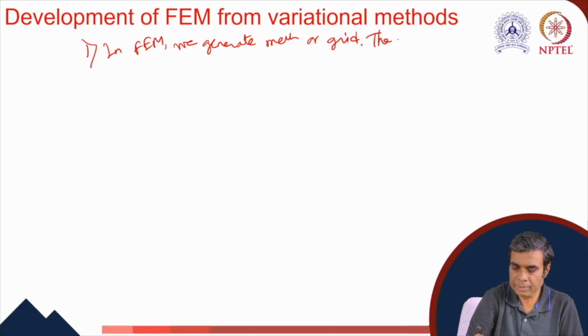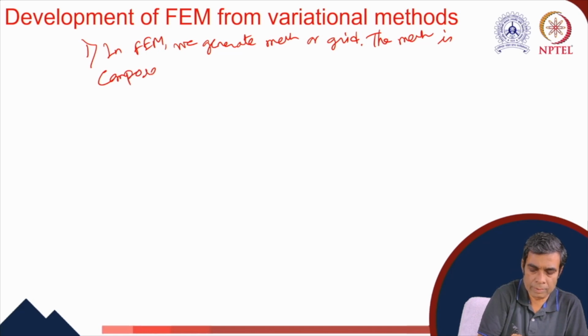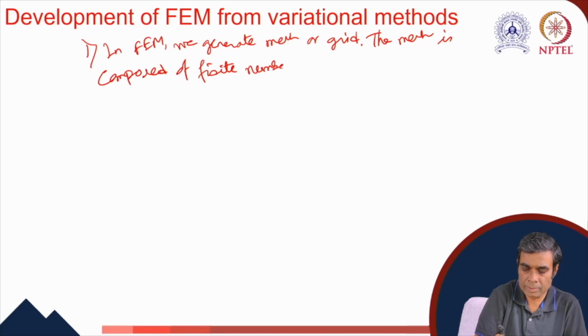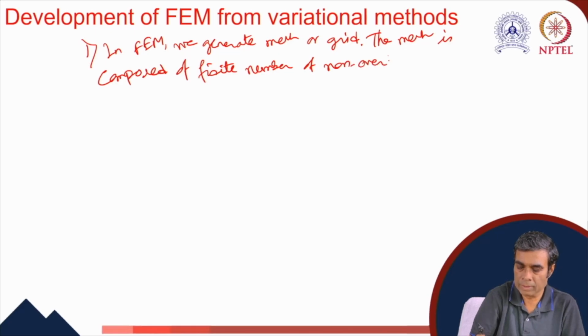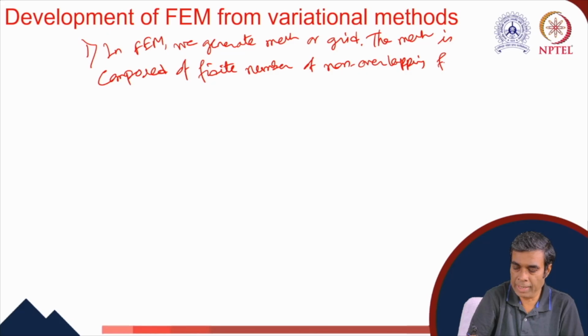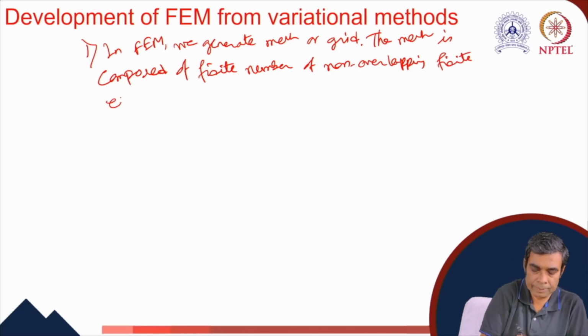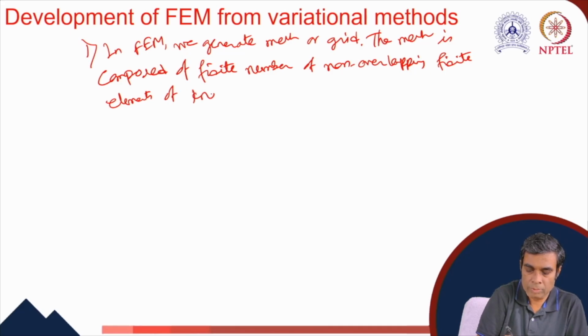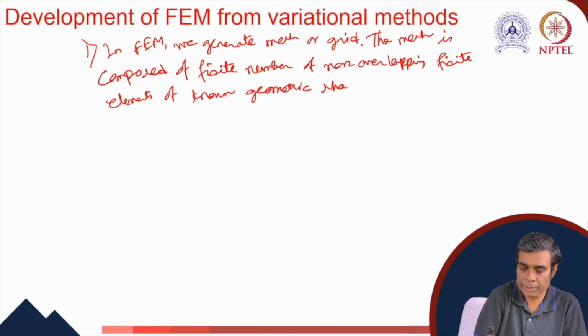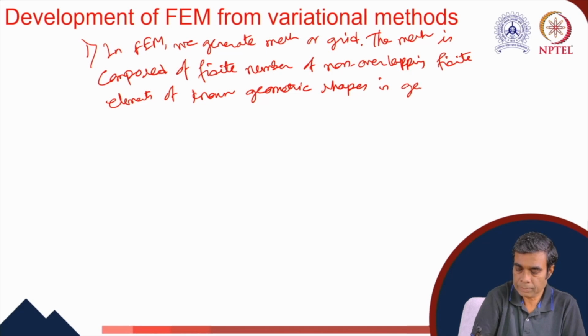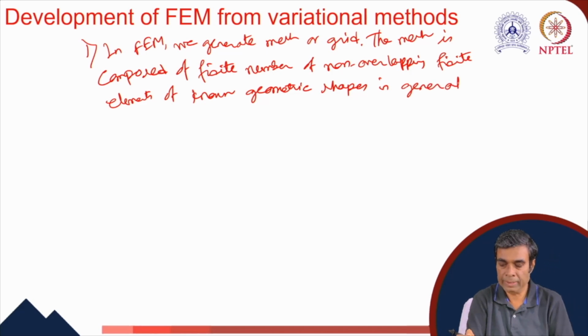The mesh is composed of a finite number of non-overlapping finite elements of known geometric shapes in general. This is the first part.